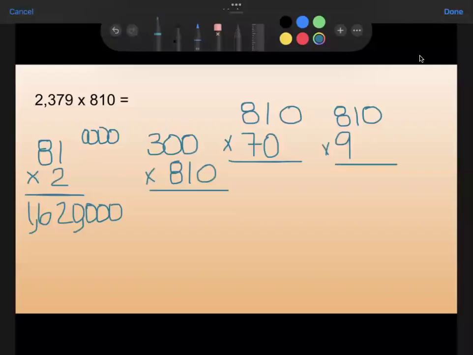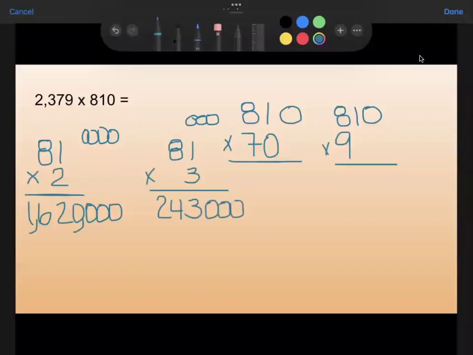Okay, that made it even easier. I'm going to do the same thing here. I've got 3 zeros in this problem, so I'm going to erase those and put them up here. And then I'm going to switch this, so it's 81 times 3. 81 times 3, so that's going to be 324, and then add those 3 zeros there.